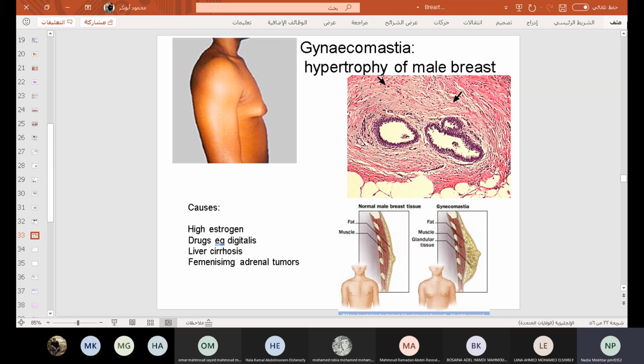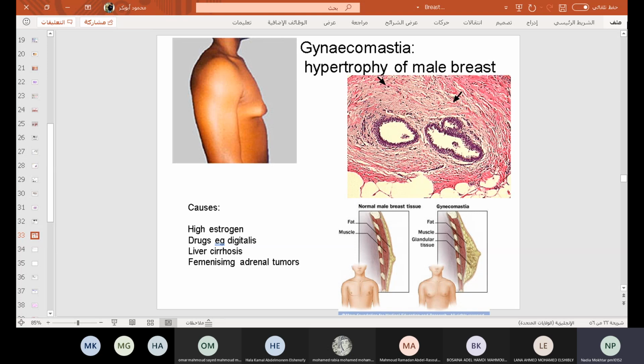Males can be exposed to high estrogen, either internally, from the nature of the body chemistry, or during the intake of some drugs like those that treat heart conditions, digitalis and so on, or liver cirrhosis. Why?